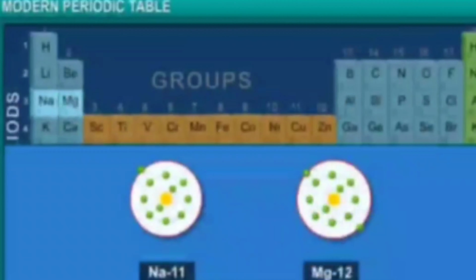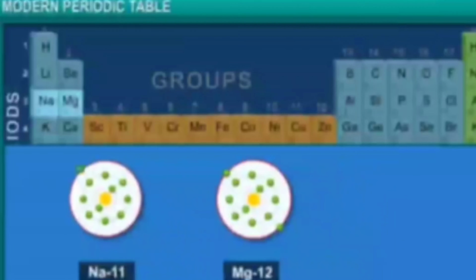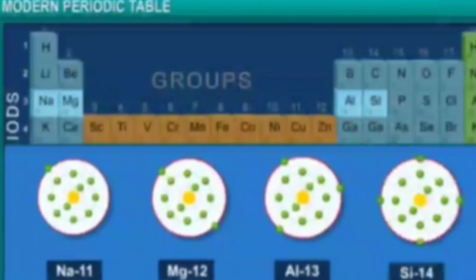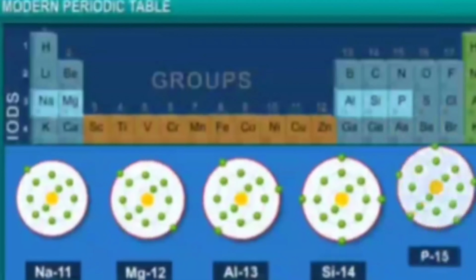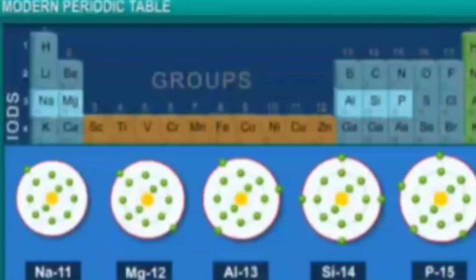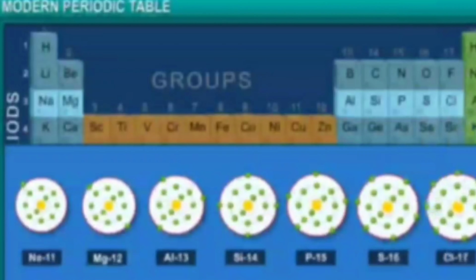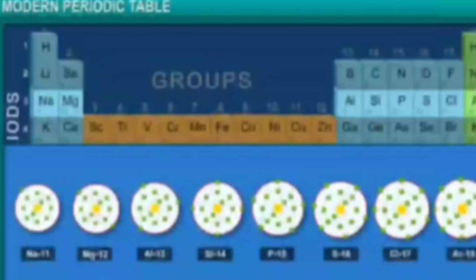Sodium 11, magnesium 12, aluminum 13. So in a given period the shell remains the same, however valence electrons are consecutively increasing by 1 in the outermost shell as the atomic number increases by 1.